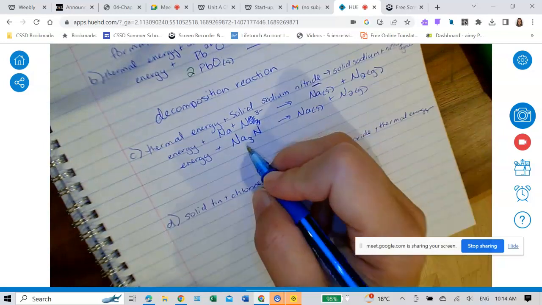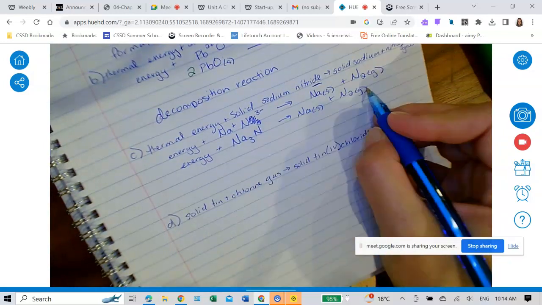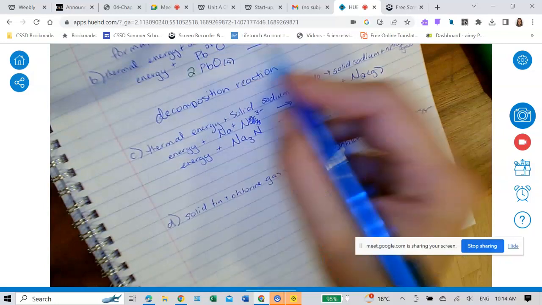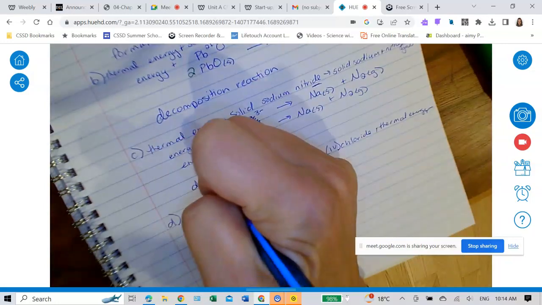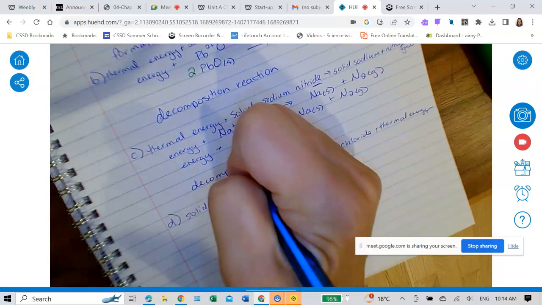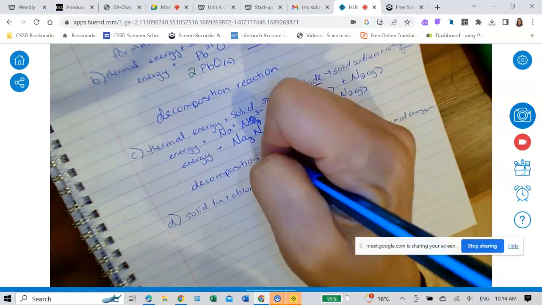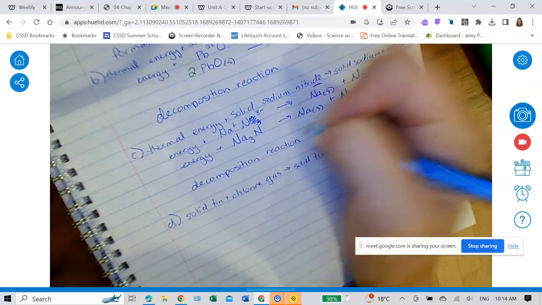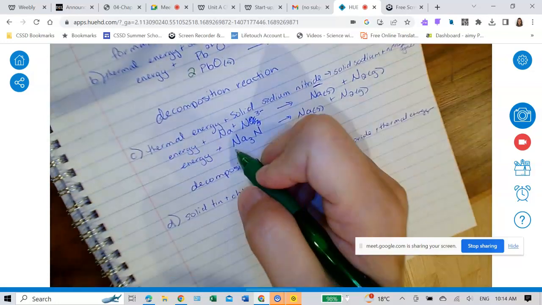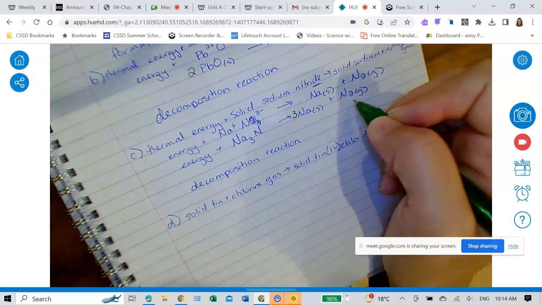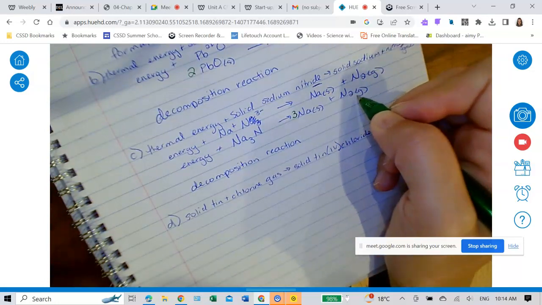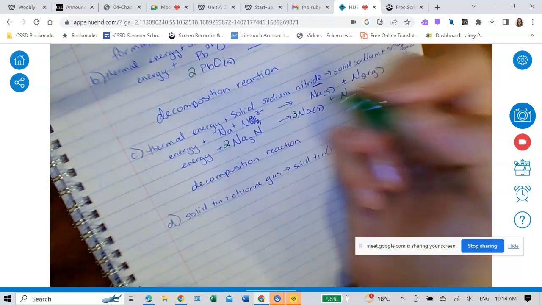So again, we would have had a decomposition reaction because we took this and broke it apart. Now let's balance it. 3 sodiums, 3 sodiums. 2 nitrogens on this side, I'm going to need 2 nitrogens on this side.